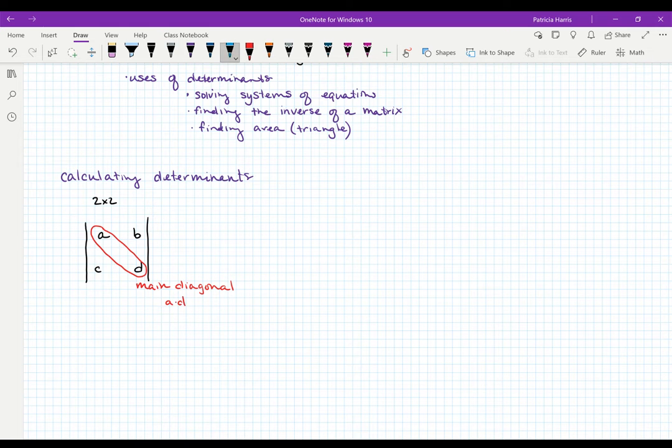Okay, then you're going to take the minor diagonal, which is the lower left up to the upper right. And then you're going to multiply those two numbers.